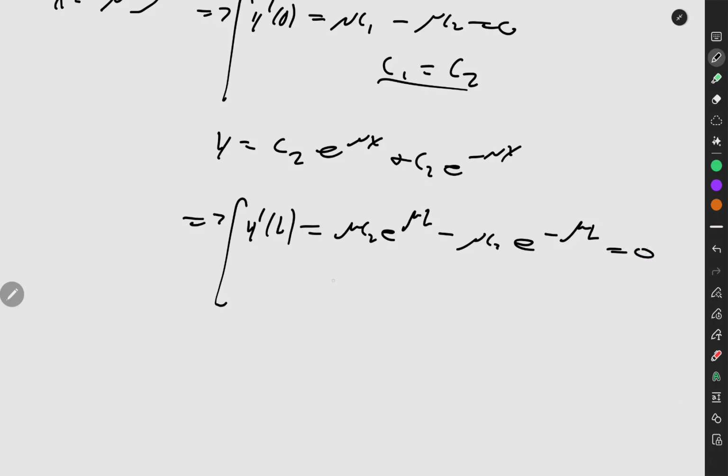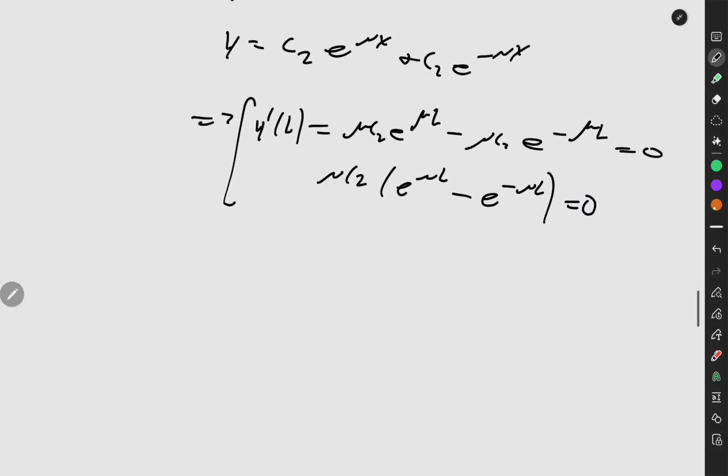Equals 0. Let's take out this. Oh yeah, this one's very nice because this is gonna go to 0, and we're left with, well, mu is gonna be 0 from this one and from this one, because you can see that this is obviously mu equals 0.